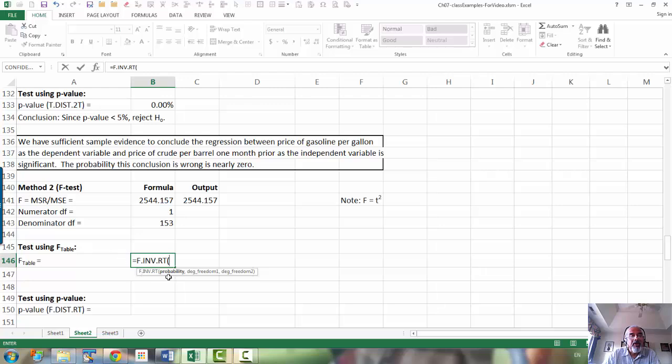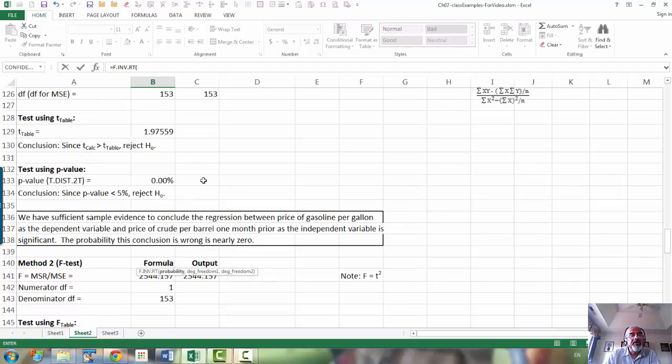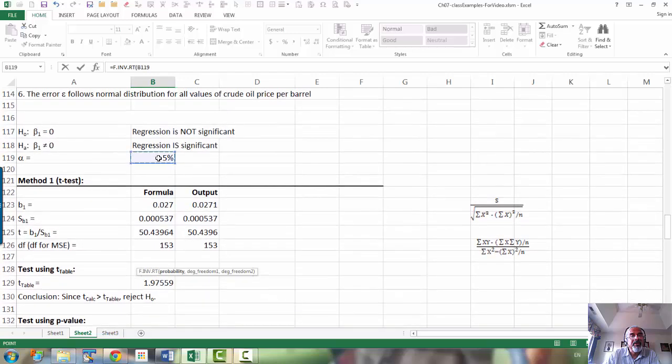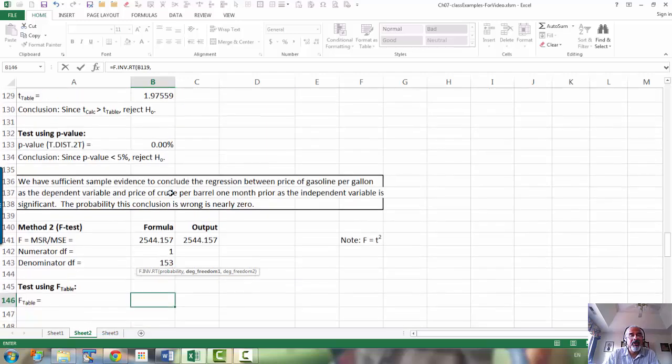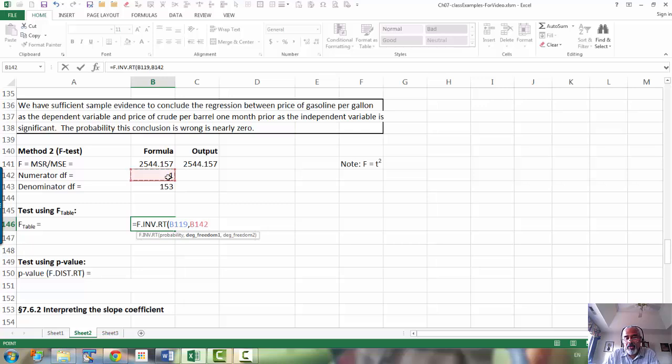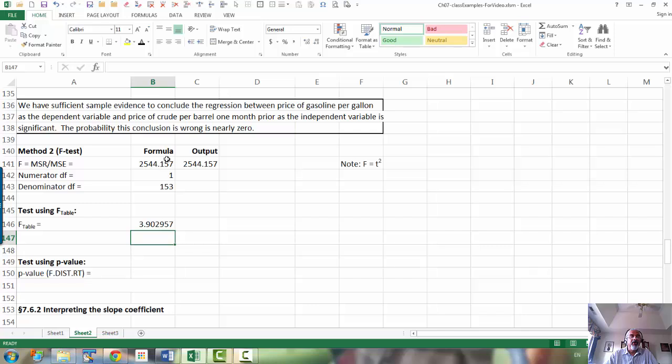First is probability, which is the alpha value, which is right there, comma the 2 degrees of freedom, that one and that one. So now we know that F is greater than the F table value, therefore we reject the null hypothesis.